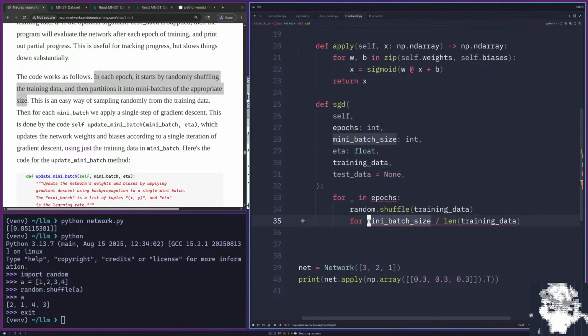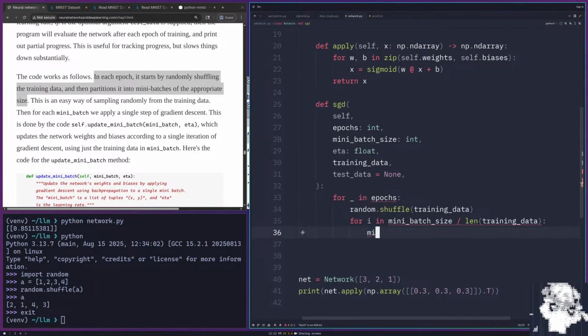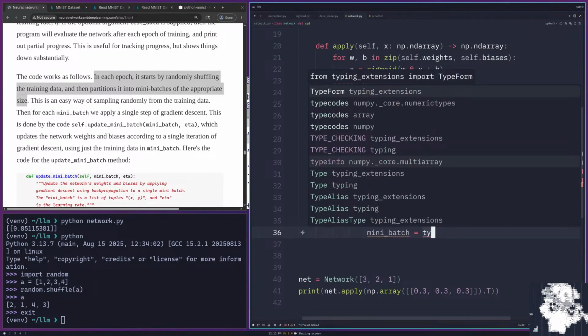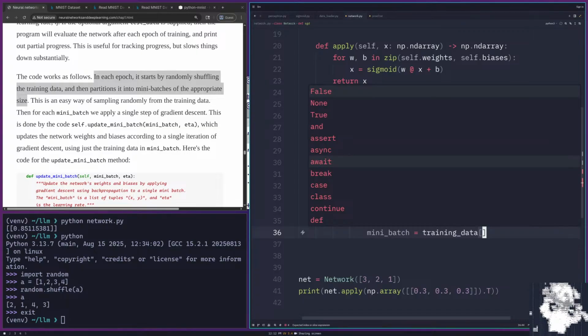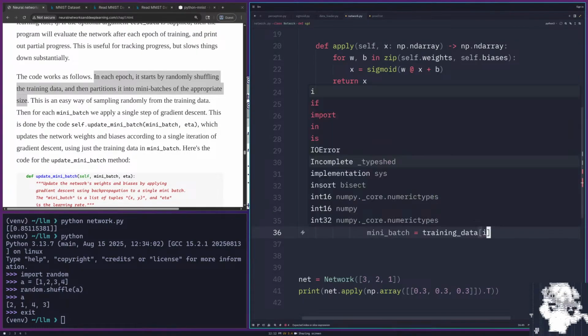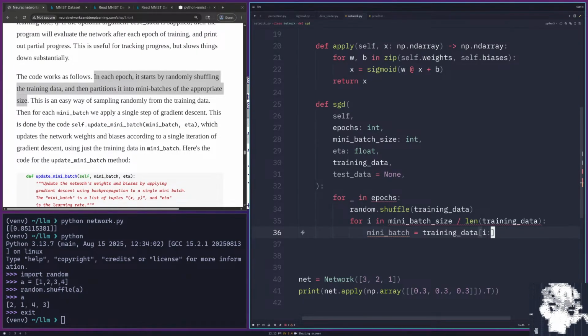So for i in this range, mini batch equals training data from i to, or this i is i times mini batch size.